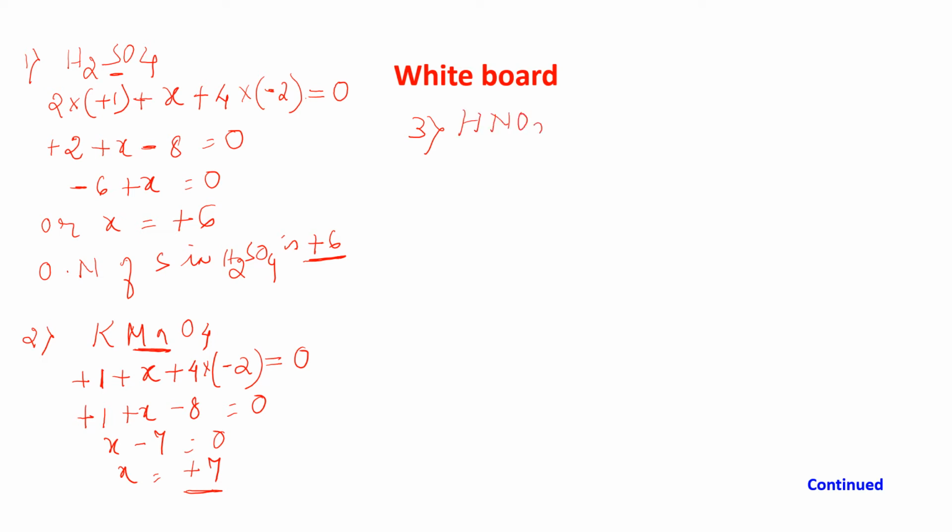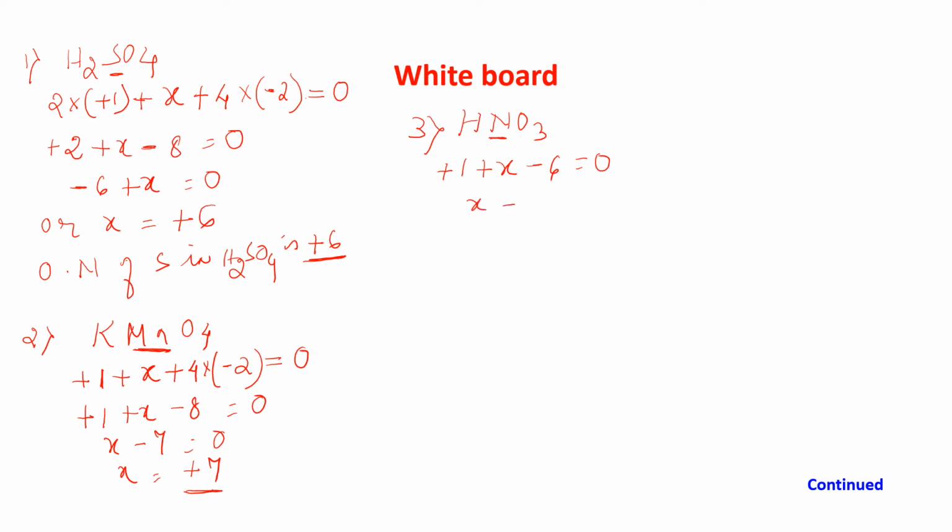HNO3, you have to find out the oxidation number of nitrogen. Hydrogen is +1, plus X, and oxygen is -2. There are 3 oxygens, so it will be -6, equal to 0.